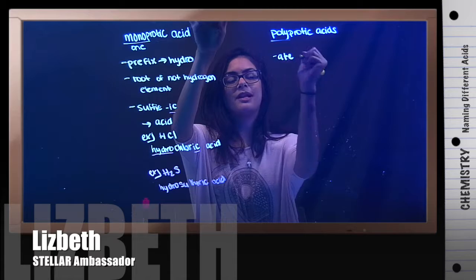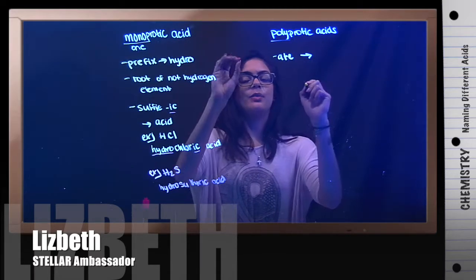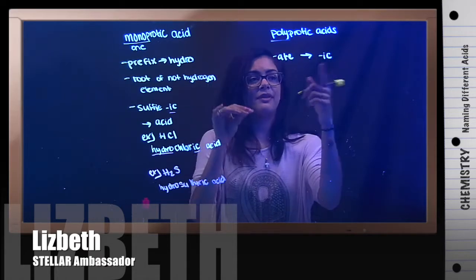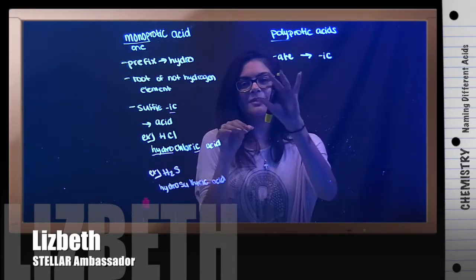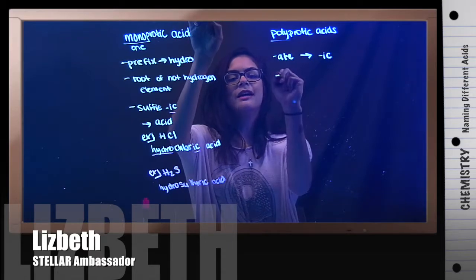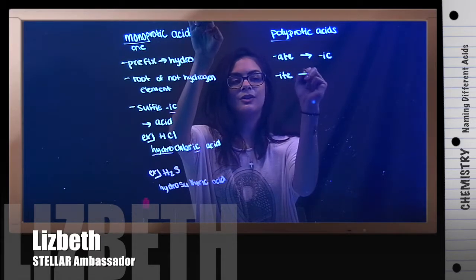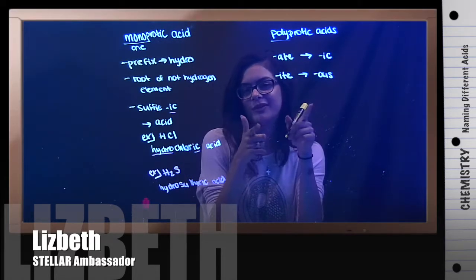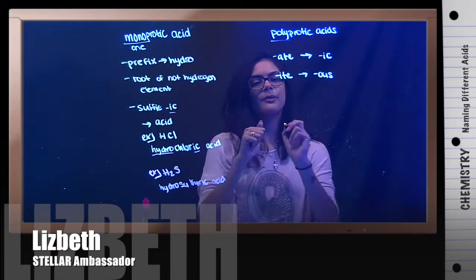If our polyatomic ends in -ate, then we're going to have the suffix -ic. I remember this because if you ate something icky, that's how I always remember that those are related to each other. If it ends in -ite, your new suffix is going to be -us. Unfortunately, I don't have a cute story for that one yet, but maybe one day I will.